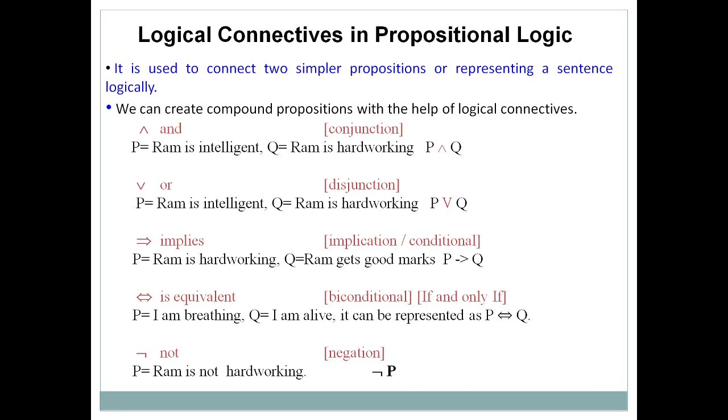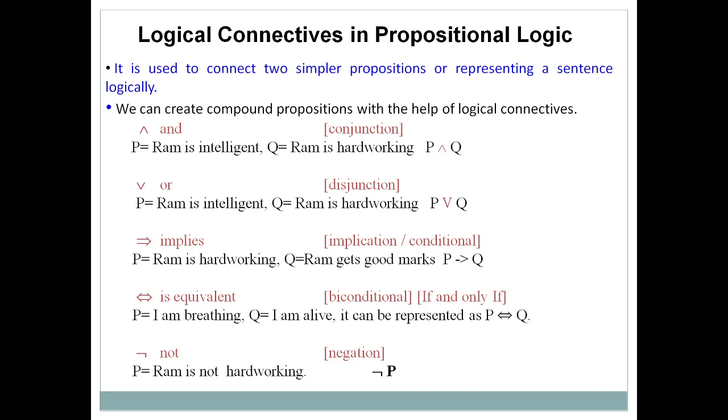This is how we represent this particular statement, or proposition, with the help of propositional logic. Here we use the connective implication, because implication is used to represent an if-then condition.